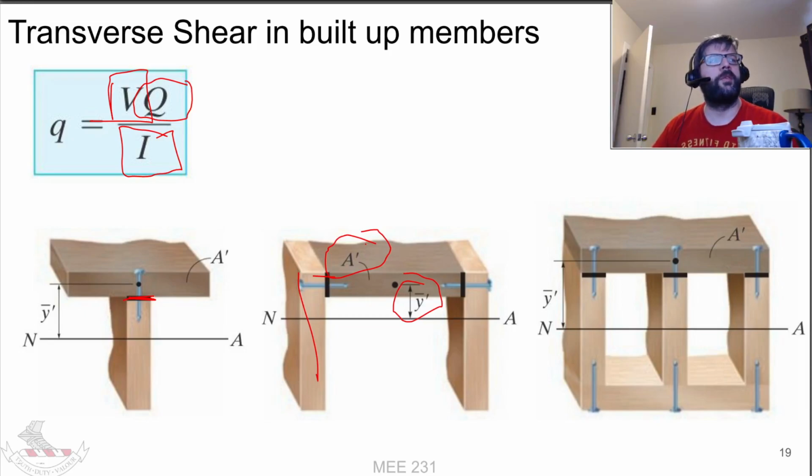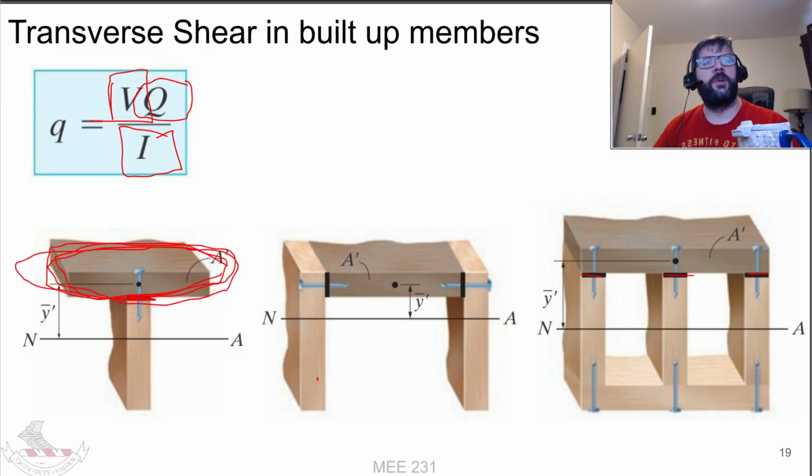The number of cross sections that you're looking at comes into play here as well. This gives you the overall shear flow that would need to be resisted to hold this thing in place. If you're holding it in place with just one set of fasteners, that allows you to figure out how many fasteners you need for that line.